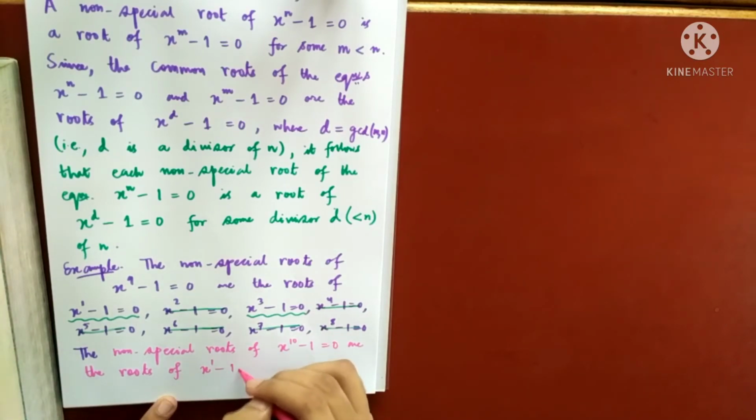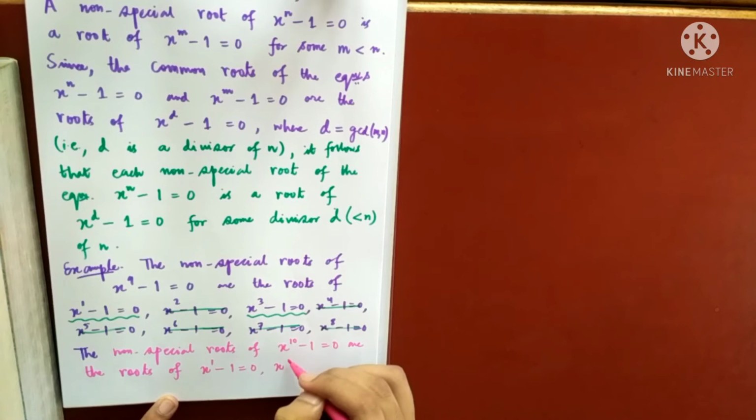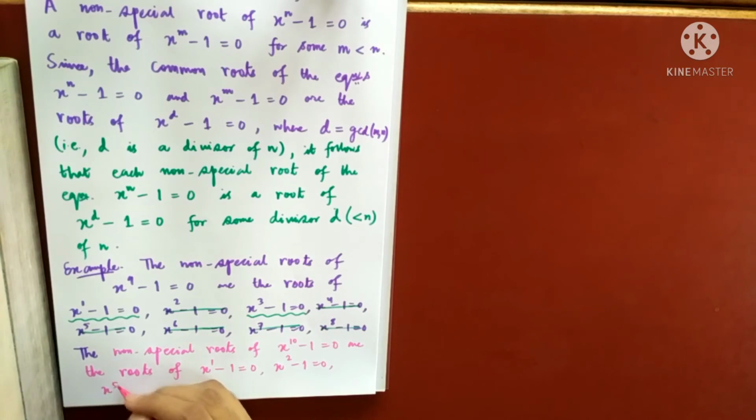The 1. 2 is a divisor of 10, so 2. 3 is not a divisor, 4 is not a divisor, 5 is a divisor, so x to the power 5 minus 1 equals 0. 6 is not a divisor and none of them are divisors. So the non-special roots of this equation are just the roots of this equation, this equation, and this equation. You don't have to check for all the numbers less than 10. Okay, so this will be a very important thing.